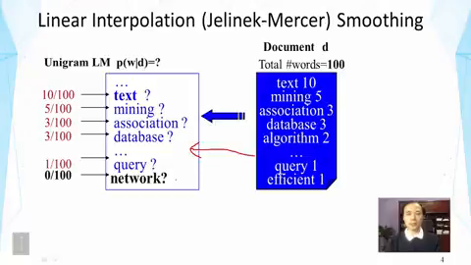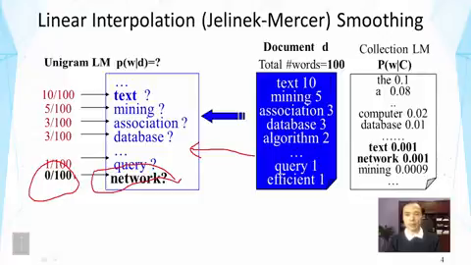As a result, if a word like network is not observed in the text, it's going to get 0 probability, as shown here. So the idea of smoothing then is to rely on collection language model, where this word is not going to have a 0 probability, to help us decide what non-zero probability should be assigned to such a word. So we can note that network has a non-zero probability here.